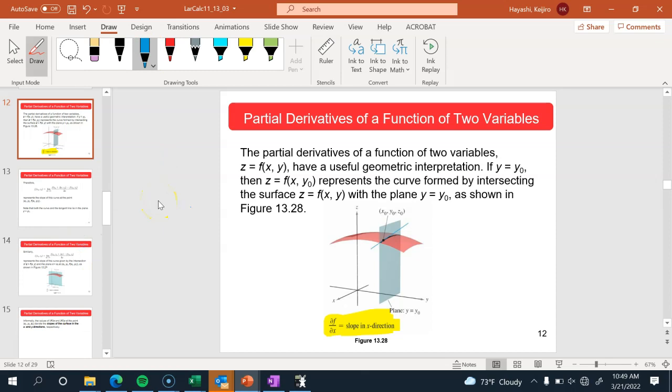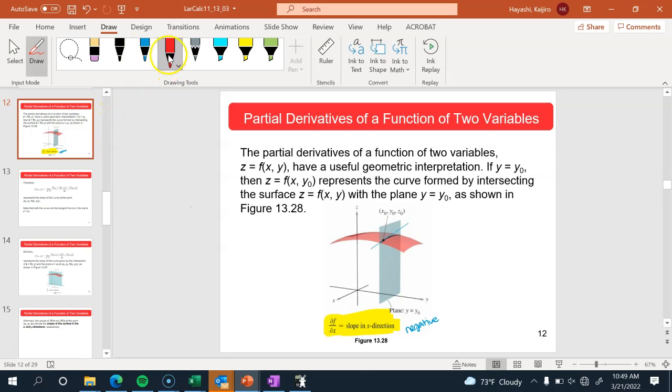If you were to measure the partial derivative with respect to x at this point, as x increases, this appears to go down. So the partial derivative with respect to x at this particular point would be negative.